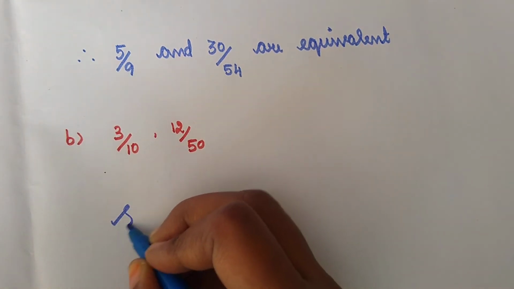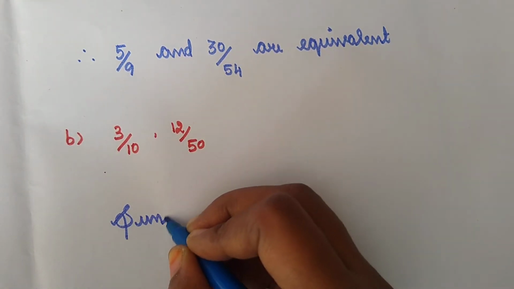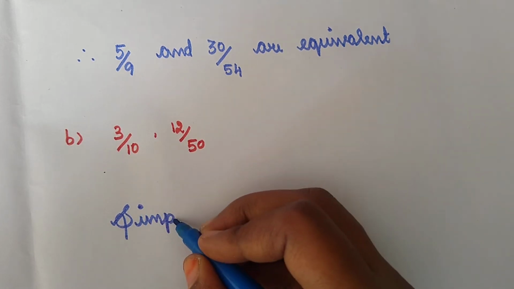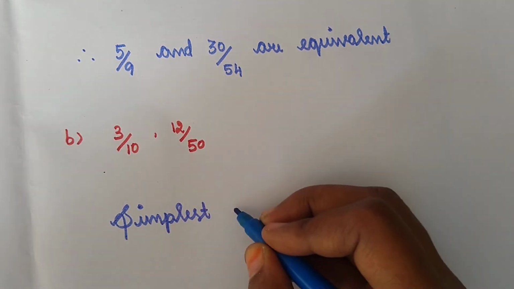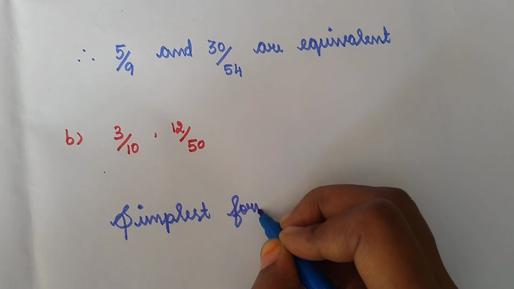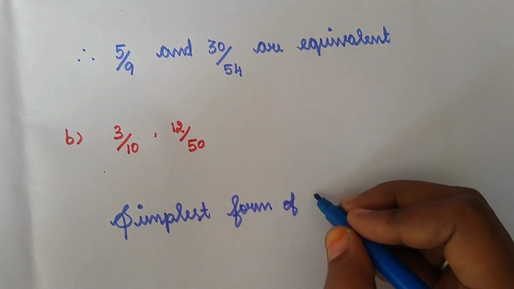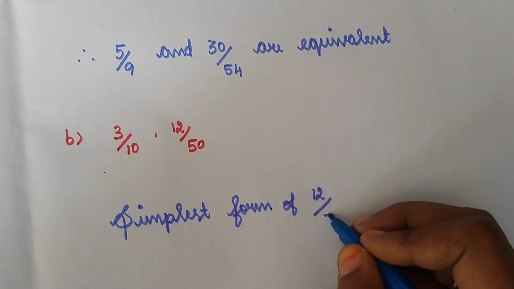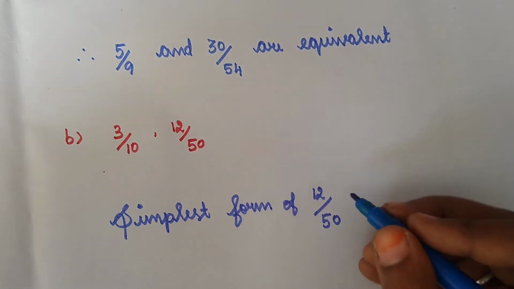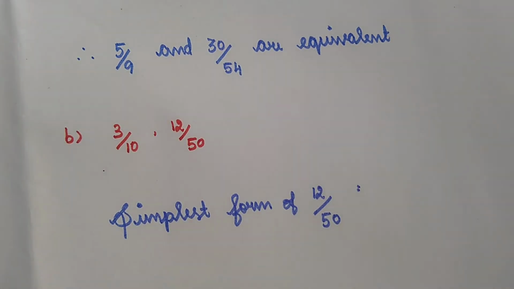So we have to find the simplest form of 12 by 50. We have to cancel these two numbers.